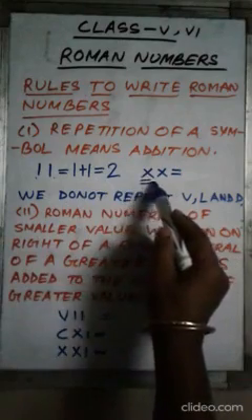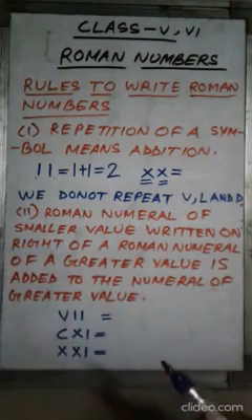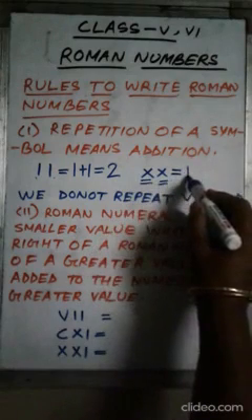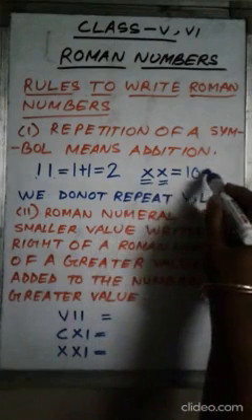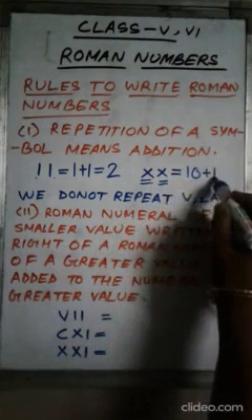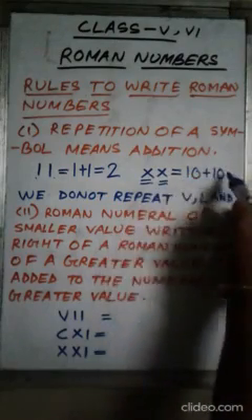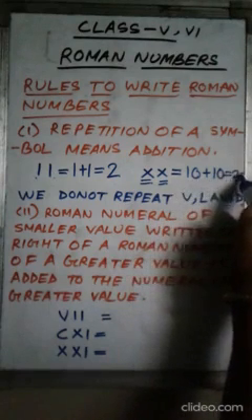Here also X and X, the symbol is repeated. For X we know that in decimal it is 10, so 10 plus 10 is 20.